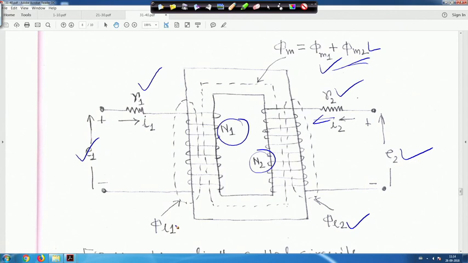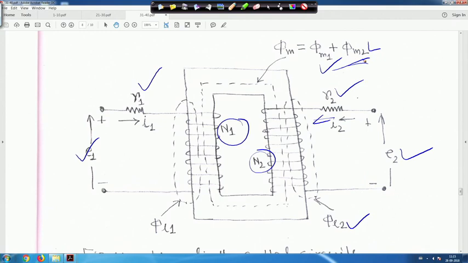In this case this is phi 1, and for the other current, if you grasp it, the flux will be in the downward direction, and this one in the upward direction. That's why these two are plus phi M1 plus phi M2. I request you to have a look if you have any doubt. Otherwise I believe you know this.